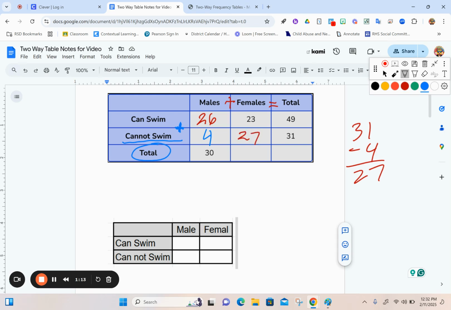So 27 plus 23 is 50. Now, the nice thing is 49 plus 31 is 80. That should also be what 30 plus 50 is. And it is, so we can check ourselves to see if we're right.